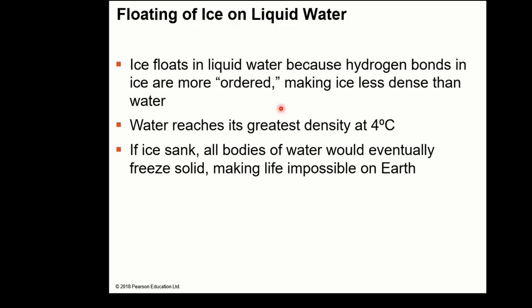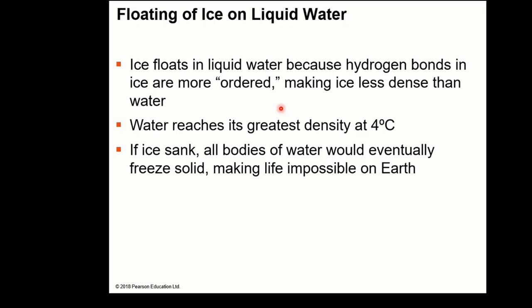Ice floats because the hydrogen bonds in ice are in a more ordered form, which makes its density lower than that of liquid water.